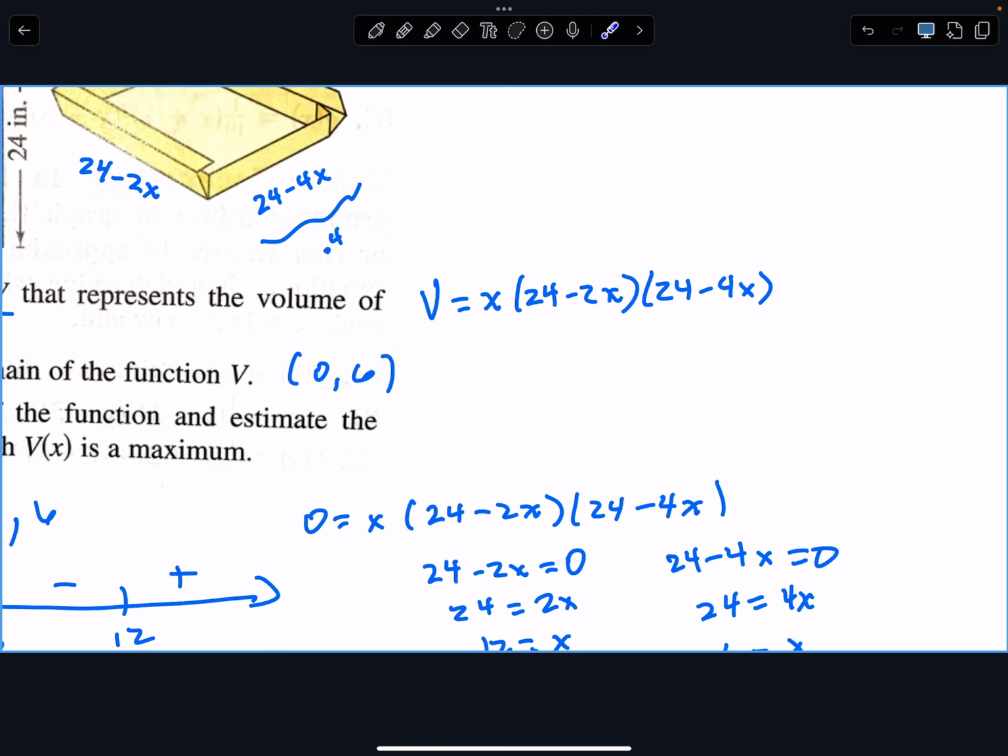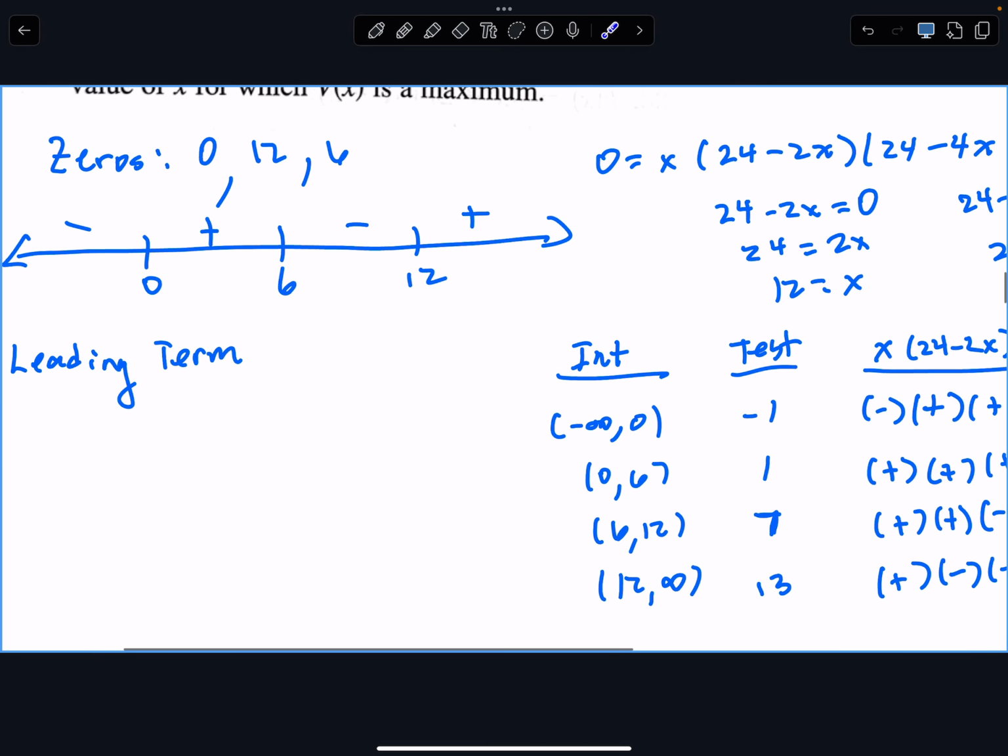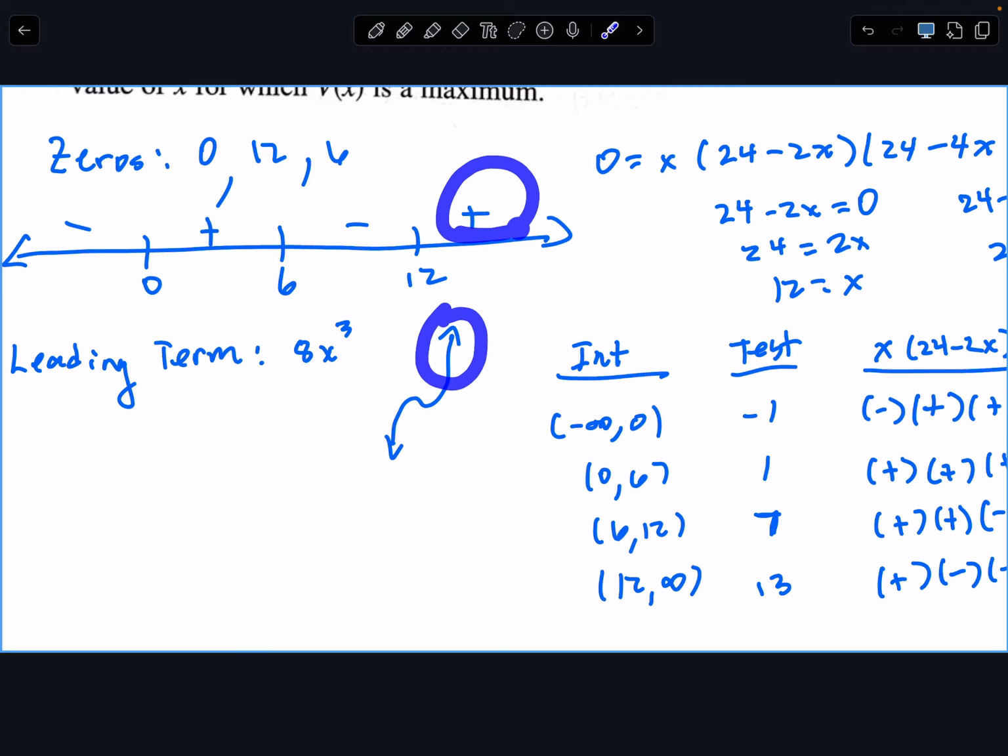And that's 8x cubed. And so since it's cubic and the leading coefficient is positive, my end behavior looks like this. And notice that y going to negative infinity as x goes to negative infinity is supported by my sign chart. As x goes to positive infinity, y goes to positive infinity, which is also supported by my sign chart.